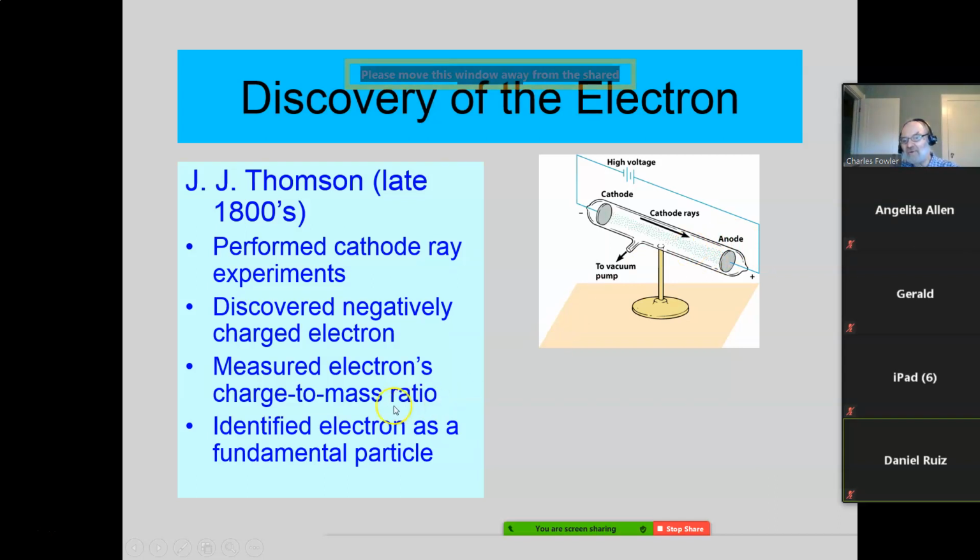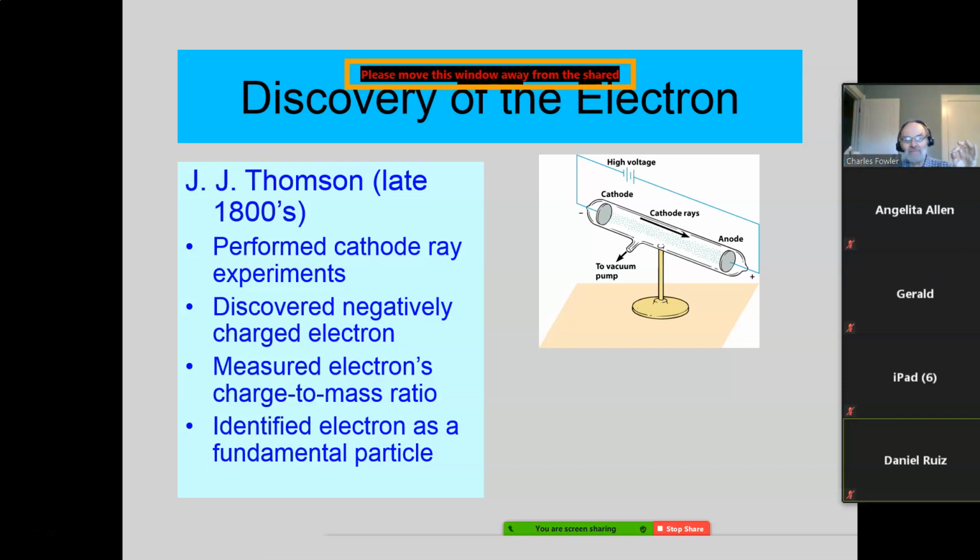But the best he could do was come up with the charge to mass ratio. That's all. He could not determine the mass. They were way too small to do that. He identified the electron as a fundamental particle that, again they say, cannot be broken into anything smaller. Okay?